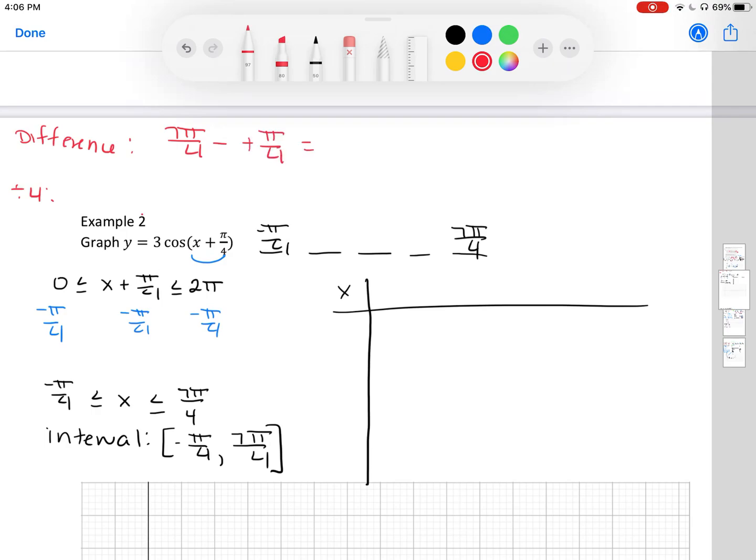And that gives us 8 pi over 4, which is 2 pi. So the length of our period is actually 2 pi. To find the difference between each point, let's divide it by 4. So 2 pi divided by 4, we get pi over 2. So between each point, we're going to add pi over 2.